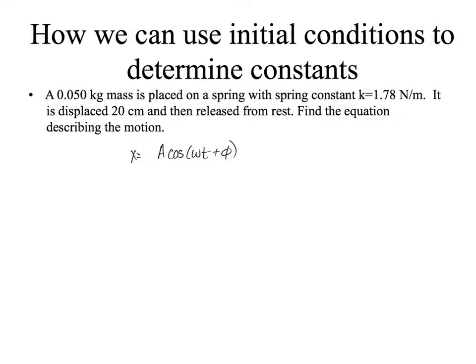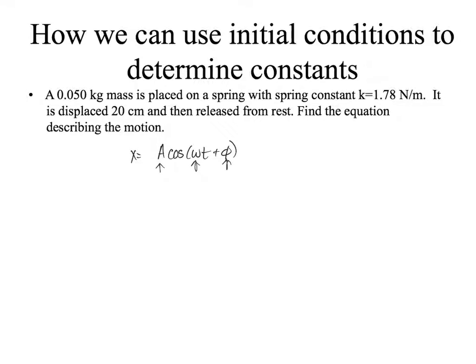So the way that we do it is we take our information and also use what we call initial conditions to figure out what all of these values are, so that our equation looks exactly the way it needs to for our particular situation.